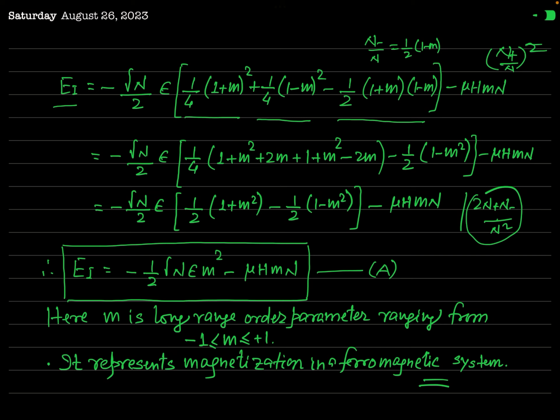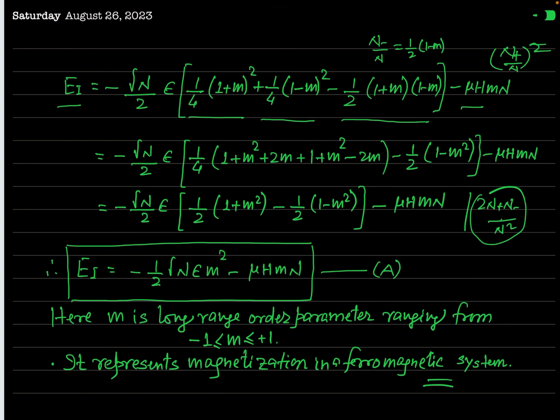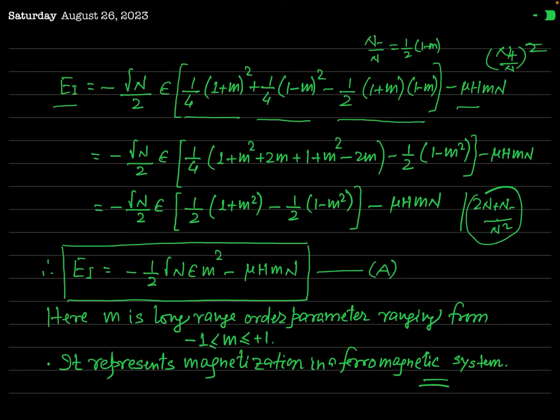Okay, and the last term is minus mu h times n plus minus n minus. But you have seen just now that this n plus minus n minus is equal to mn. So I have substituted here mn in place of n plus minus n minus. Okay. Now we will simplify the RHS of this equation a little bit.